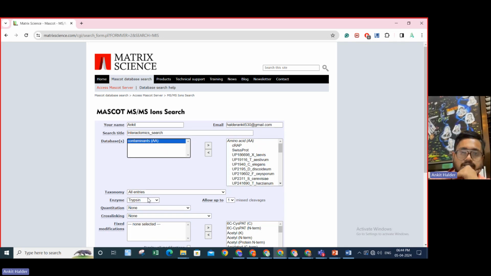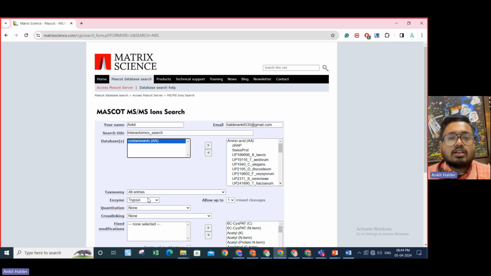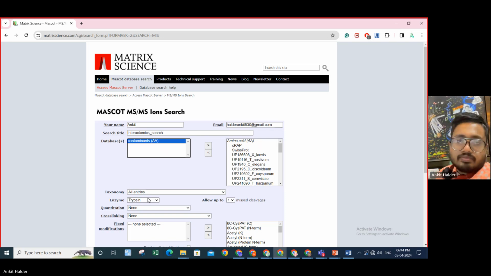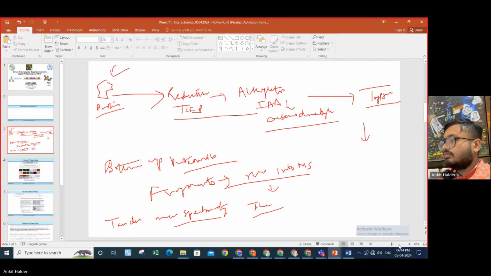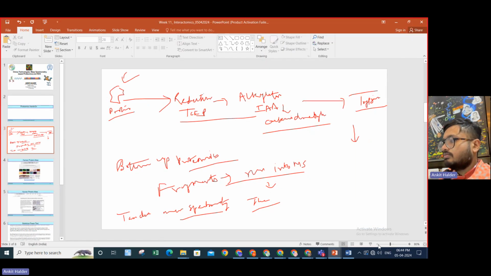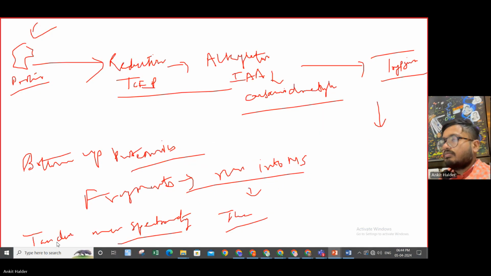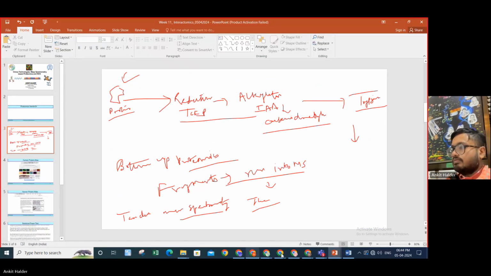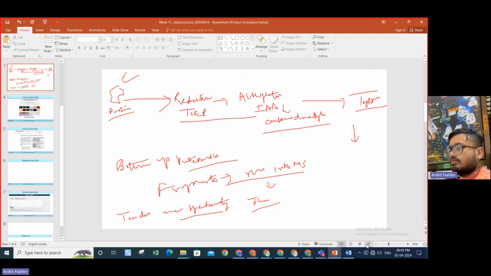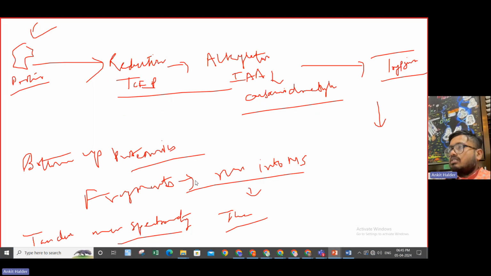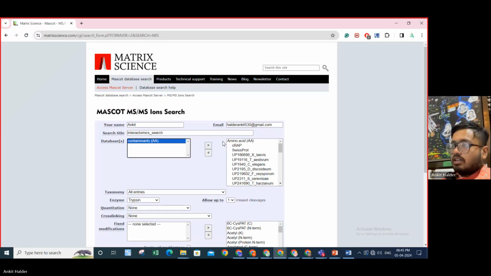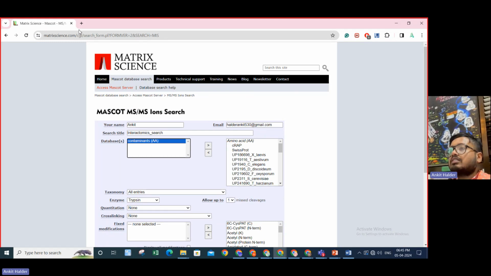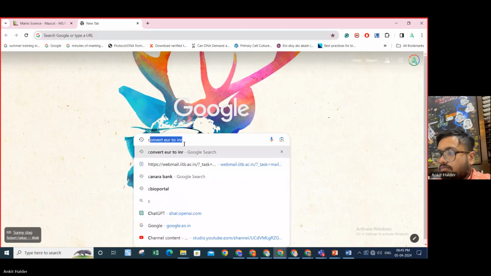One is the contaminants database. Would anyone like to say what the contaminants database is? Let us first search what it says.